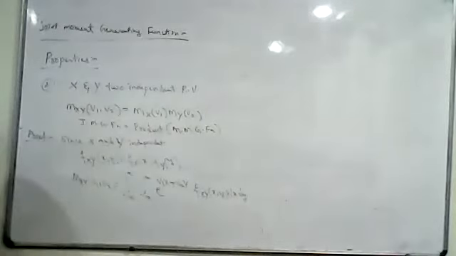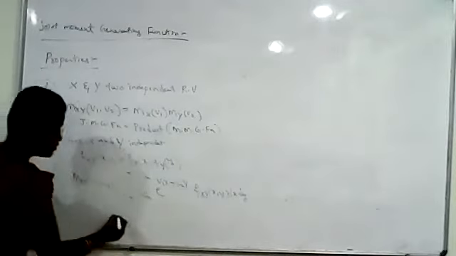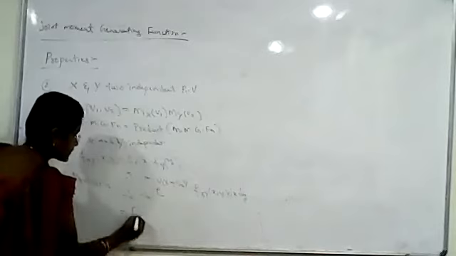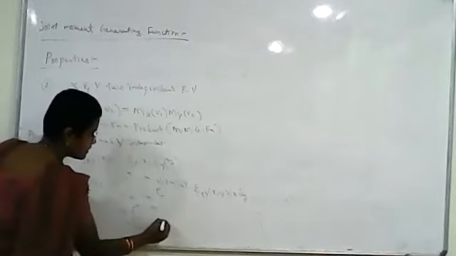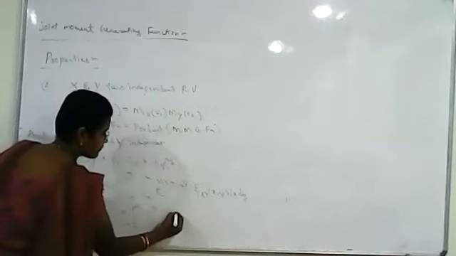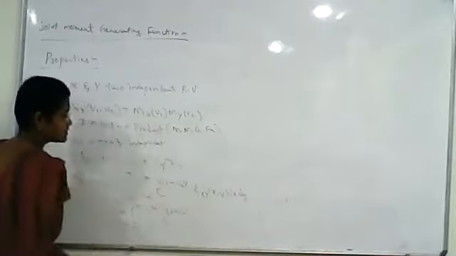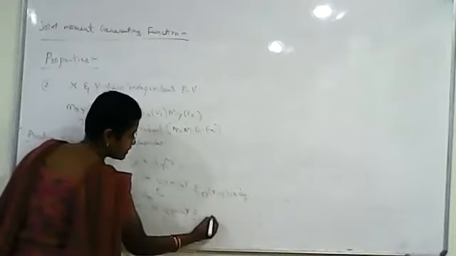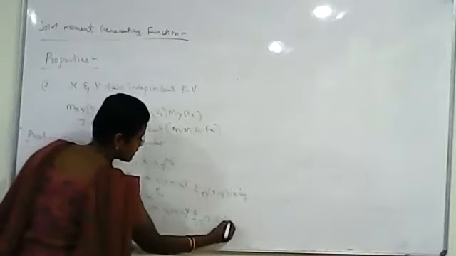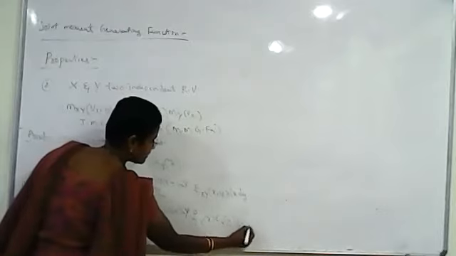Now, what is given? These two random variables are independent. So the joint PDF, probability density function, can be written as the product of individual density functions or marginal density functions, that is fx of x into fy of y dx dy.